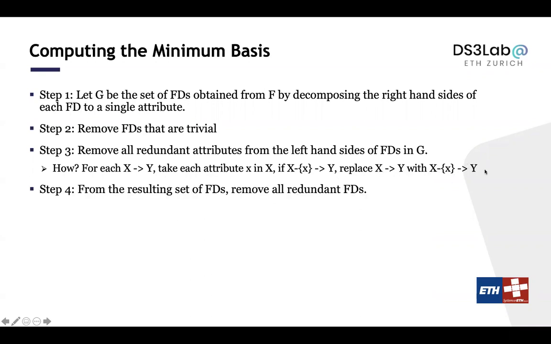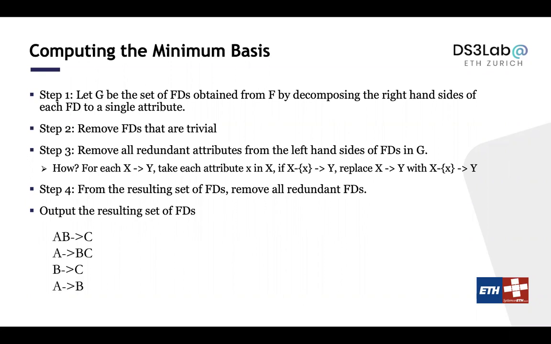Okay. And step number 4, you remove from the current set of functional dependencies all the functional dependencies that can be derived given the rest of functional dependencies. So I know this looks a little bit abstract, but you can go to the textbook. There is a concrete algorithm to compute the basis.